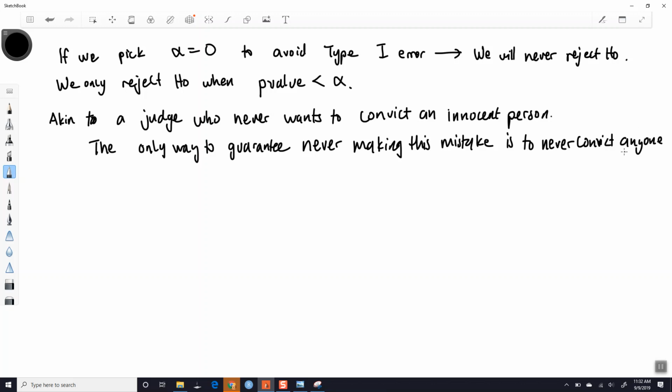Okay? And if the judge never convicts anyone, if the judge always says not guilty, then that person is no longer a judge, right? That person's no longer making any decisions. It's just a rubber stamp that says not guilty, okay? A judge who always says not guilty is not a judge.